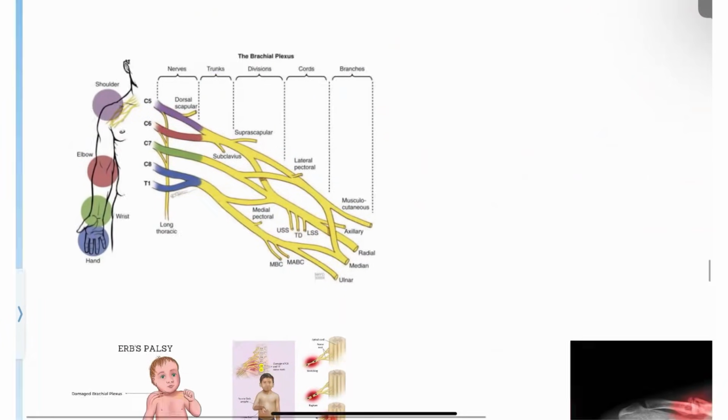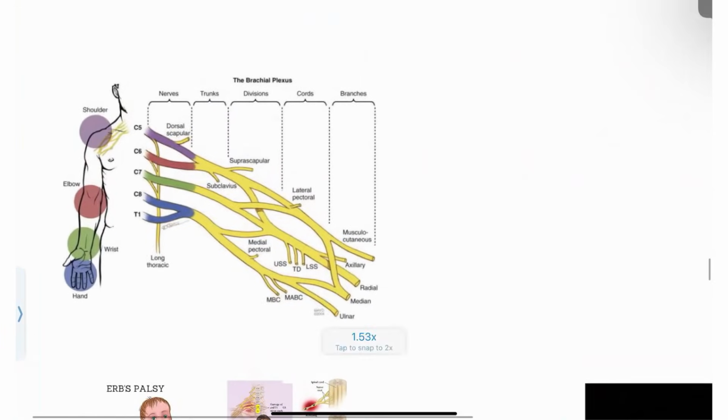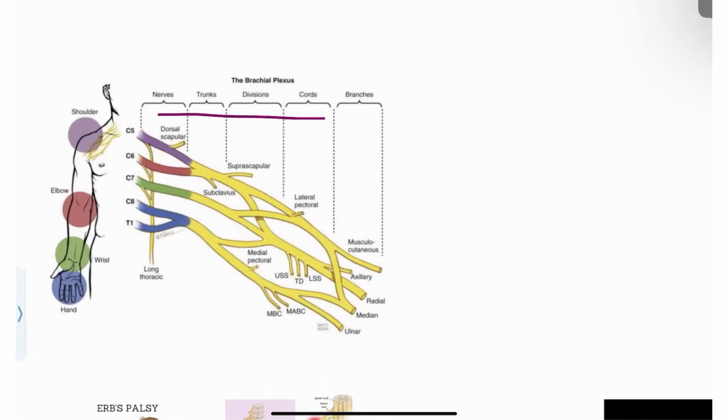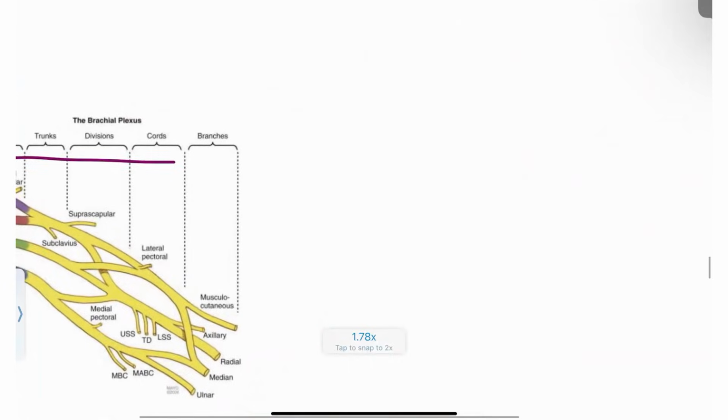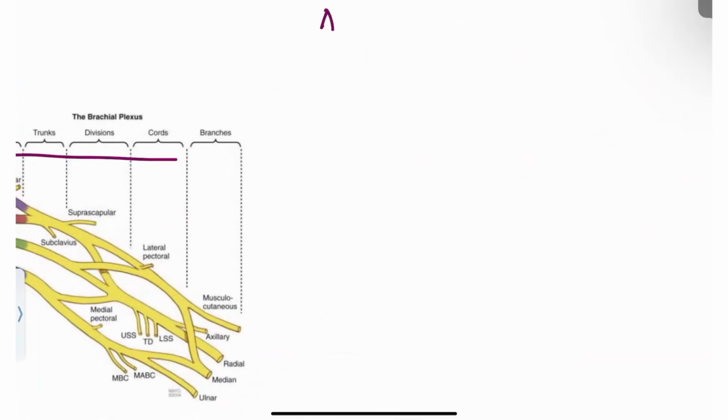Next topic, brachial plexus. In the brachial plexus, at least you have to remember, not the entire brachial plexus, but at least these nerve roots. The first one is the axillary nerve, and the axillary nerve roots are C5 and C6. Along with that, suprascapular. Remember, we have discussed suprascapular supplies infraspinatus and supraspinatus.